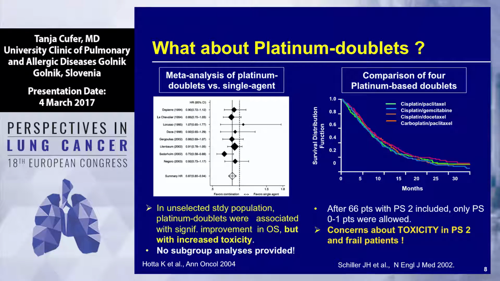But after including 66 patients, the monitoring committee decided to stop the accrual for performance 2 patients. This is very important information because the toxicity for patients with higher performance status was higher. That's why we still have concerns about the safety and, of course, at the end of the day, the effectiveness of platinum doublets in patients with performance status 2.